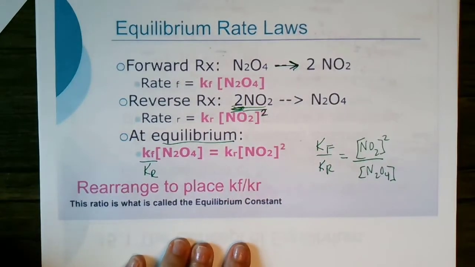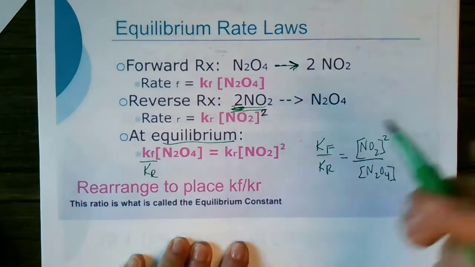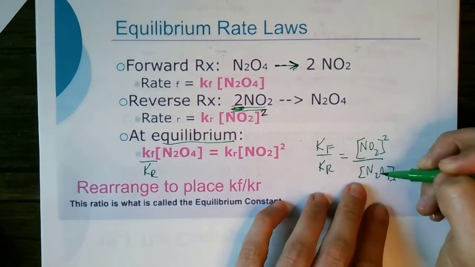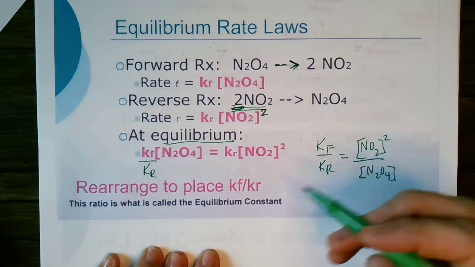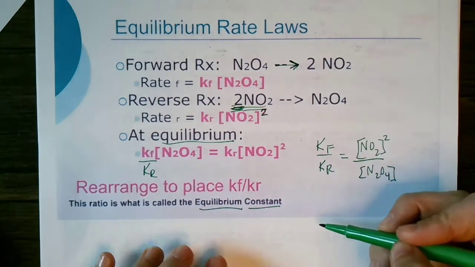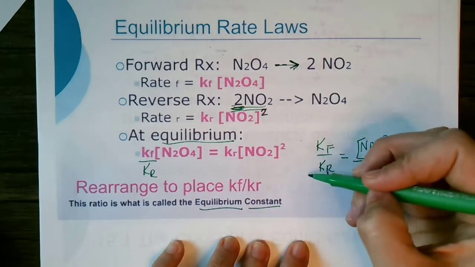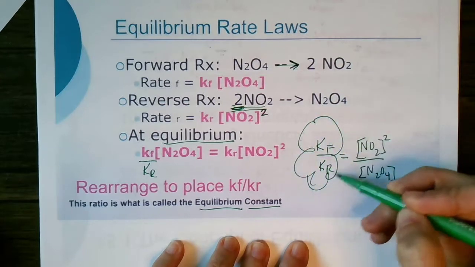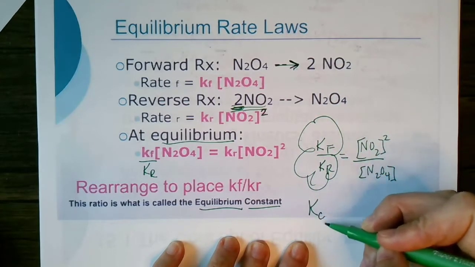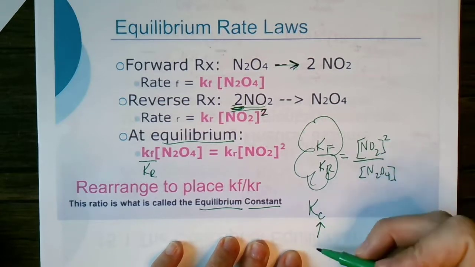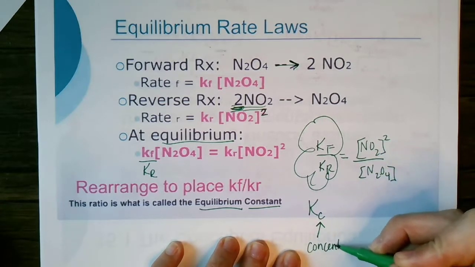We have our products over our reactants. By doing this, we have our equilibrium constant. And this number right here is our equilibrium constant, which will often be denoted as Kc when looking at concentration.